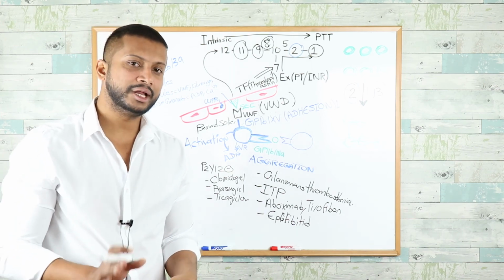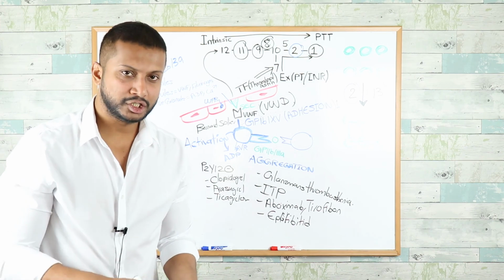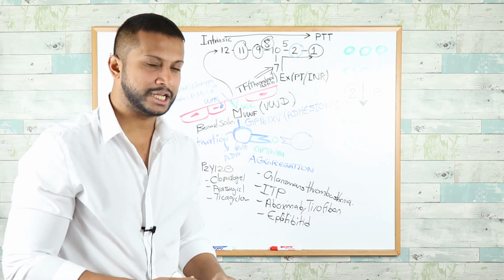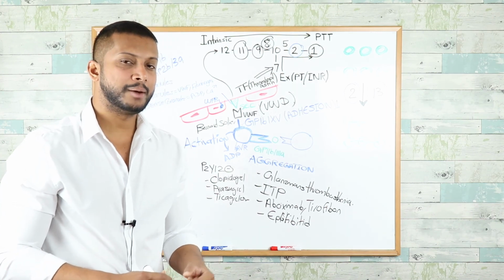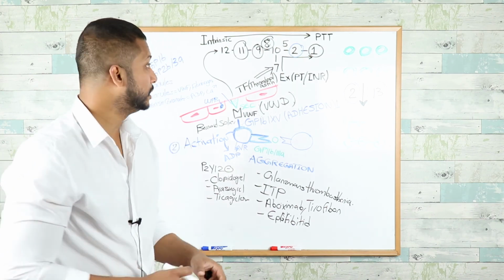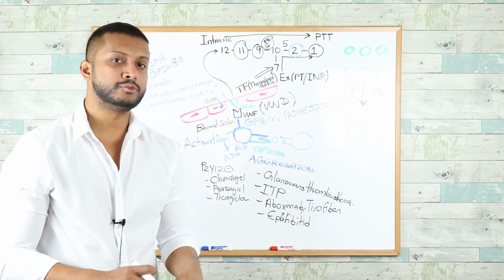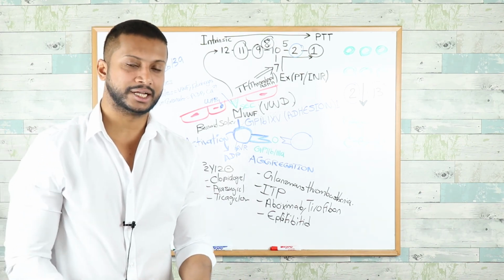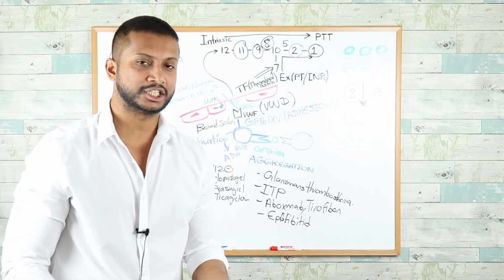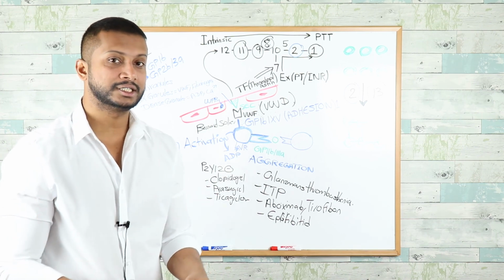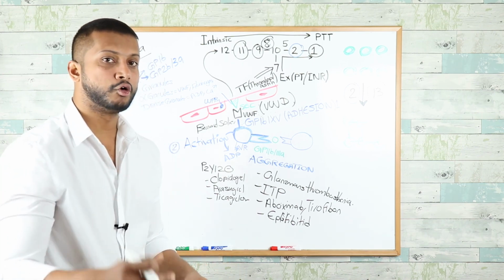It does not really cause a deficiency of vitamin K, but it blocks a certain step known as gamma carboxylation of these factors, and it blocks an enzyme known as epoxide reductase. Again, we will discuss this in a different section, but for now I want you to remember that vitamin K dependent clotting factors are inhibited by warfarin.